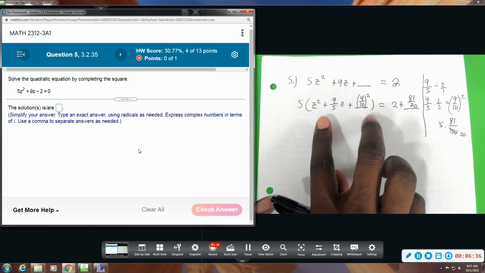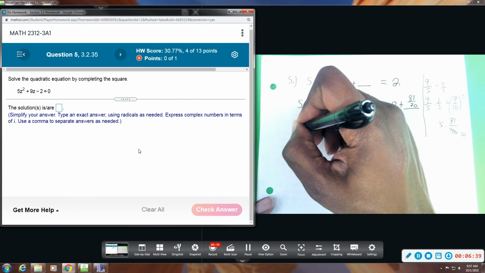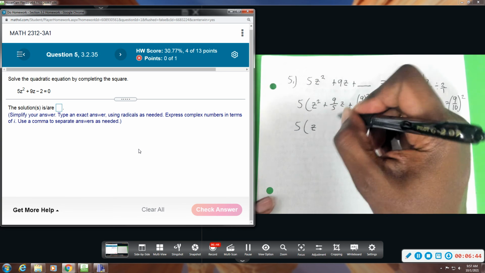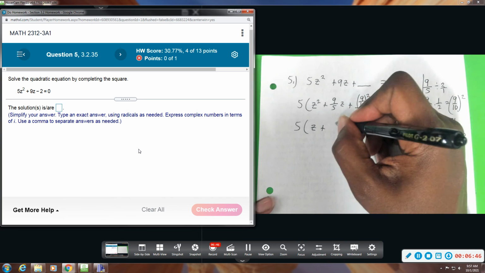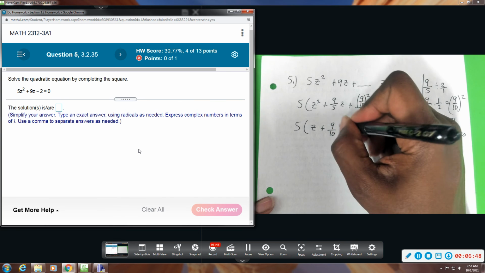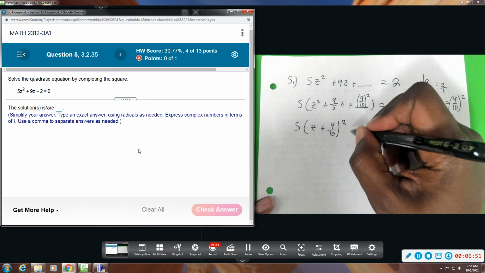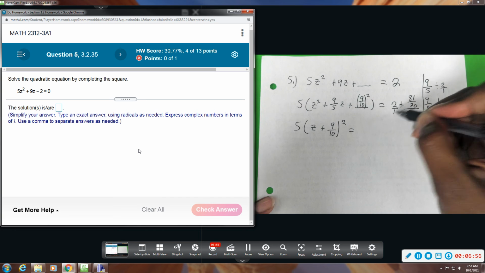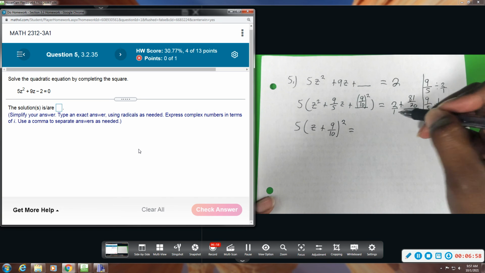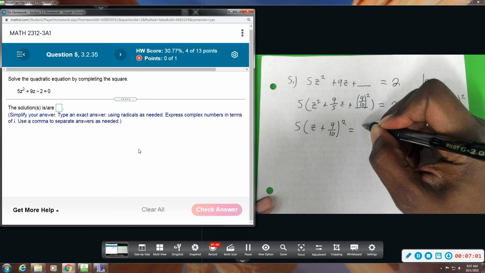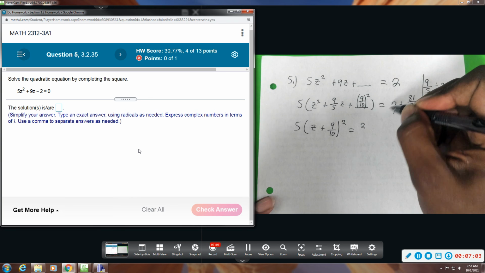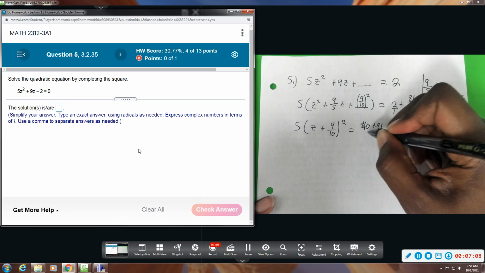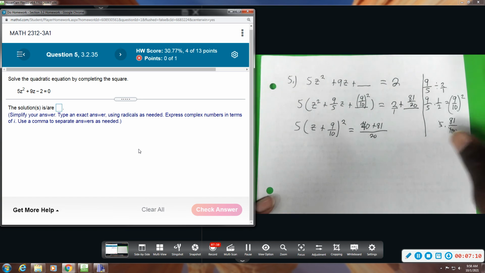From here, we're going to factor. Leave the 5 out. The two terms with squareds will go in parentheses together, so that is z, since it was positive, plus 9 over 10, and then the square on the outside, equals, we're going to get a common denominator between these. So think about this as 2 over 1, and multiply top and bottom by 20. So that will give me 20 times 2, which would give me 40 actually. 40 plus 81 over 20.